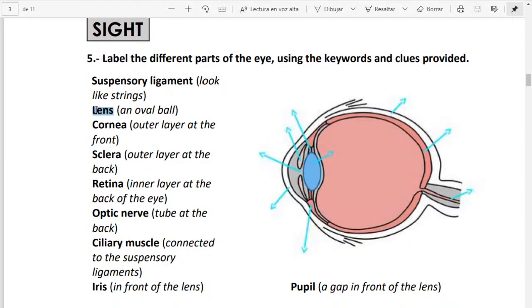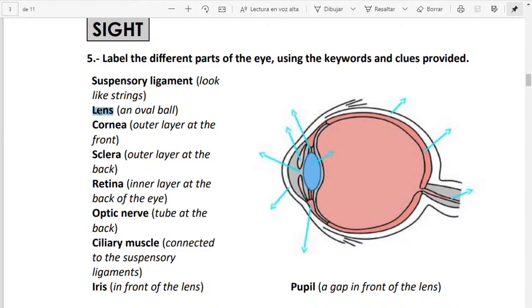So lens in English is what in Spanish we call cristalino. I can't remember the name now, it was a mistake of mine.